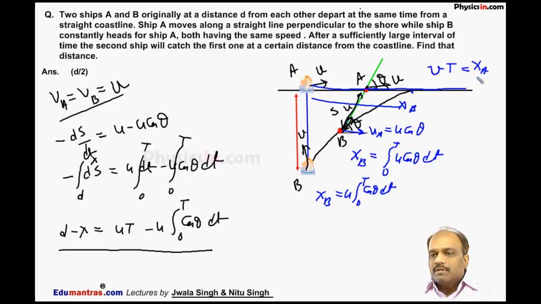This is the displacement of ship A along the x-axis, and this is the displacement of ship B along the x-axis. Both are moving with speed u, so the separation between these two is x, and this x will remain the same. So we can say xa minus xb is equal to x.